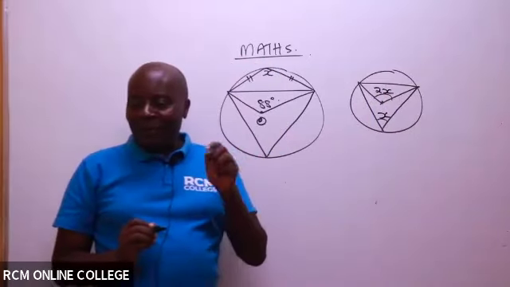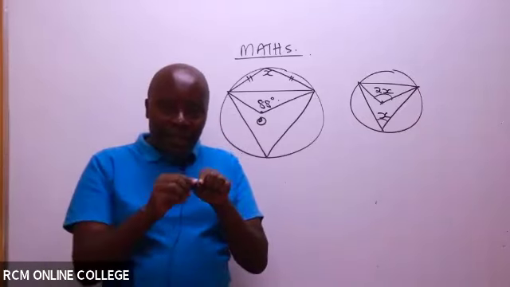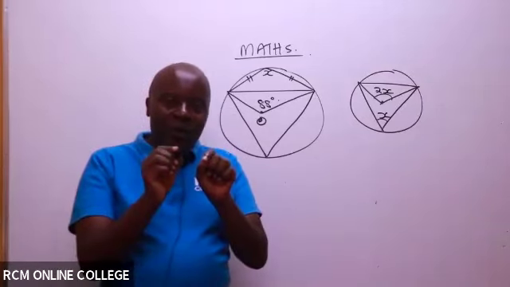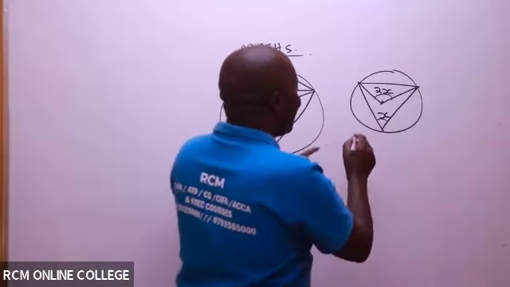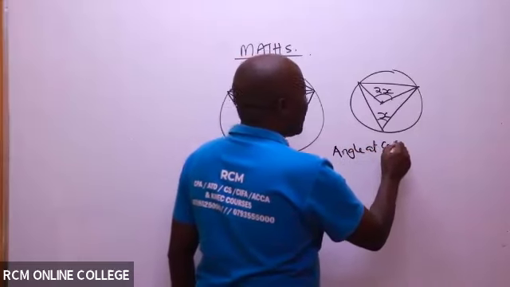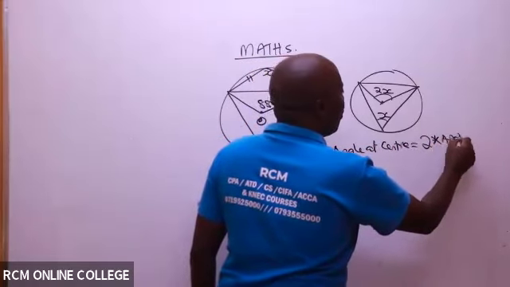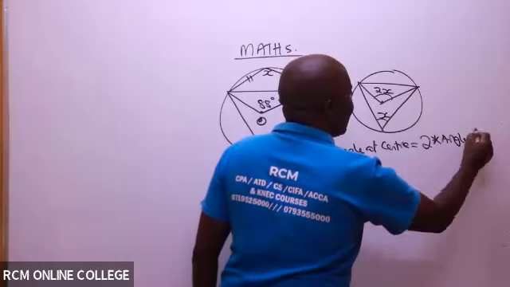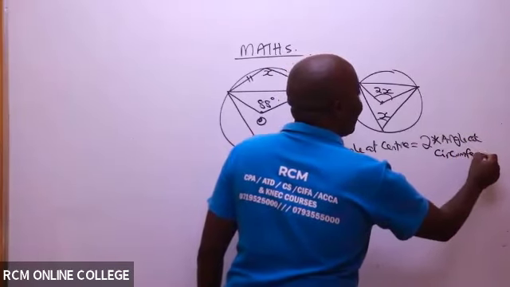Is there somebody who is able to remember this concept here? That the angle at the center will always be equal to 2 times the angle at the circumference. So angle at the center will be equal to twice the angle at circumference.